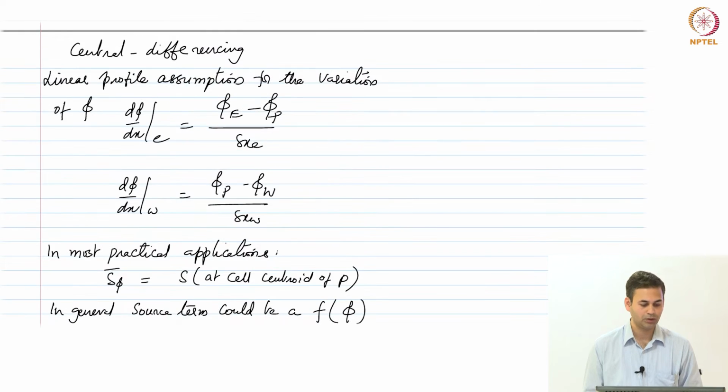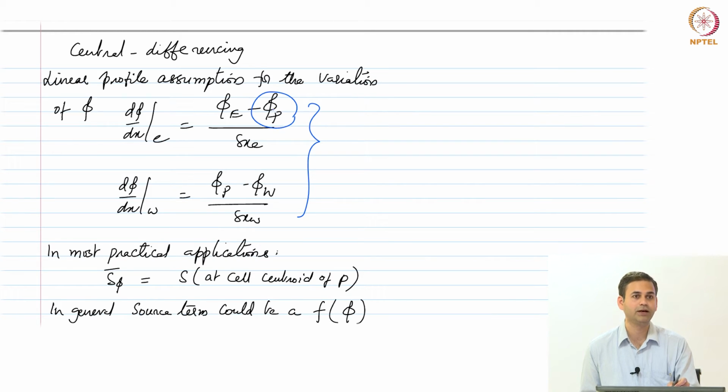Okay, so the question is about the way in which we have written the fluxes, the face fluxes d phi dx on east and west. Why is phi p coming in as a minus here, and phi p coming in as a positive here? That is to do with the linearization, right? Essentially, you have a linear profile.